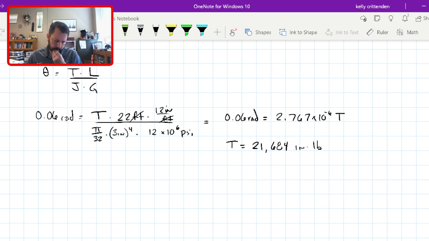That's kind of high, but it's a 3-inch diameter shaft, so maybe, but it's really long. It's like 22 feet long, so it's going to have a lot of twist in it because it's so long.